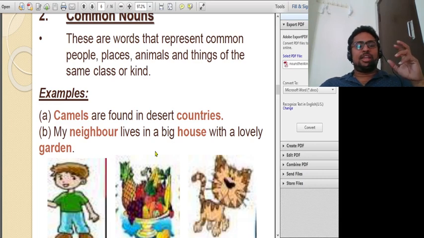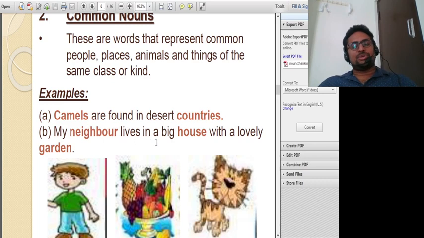My neighbor lives in a big house with a lovely garden. In this sentence, neighbor is a common noun. If I mention the neighbor's name, for example, Charan, it is a proper noun. My Charan lives in a big house with a lovely garden.